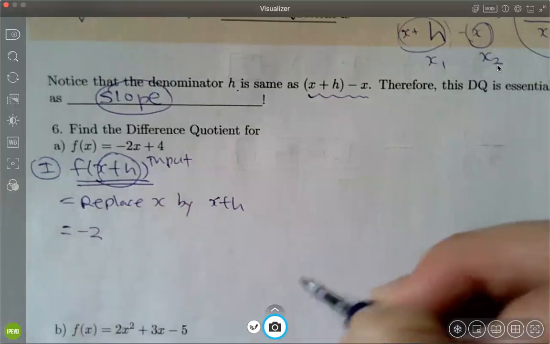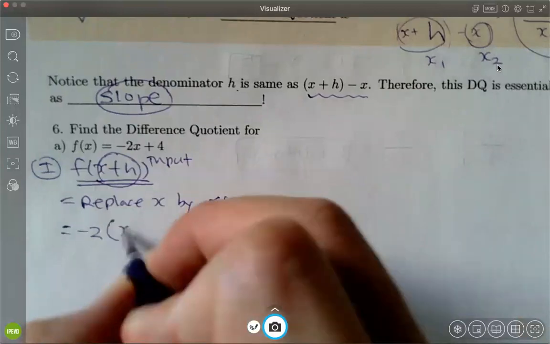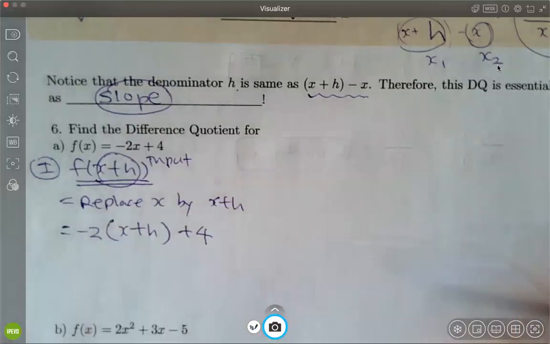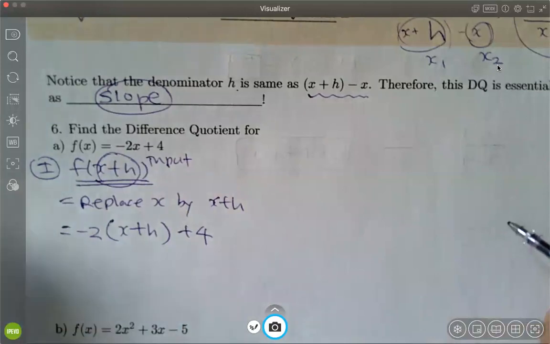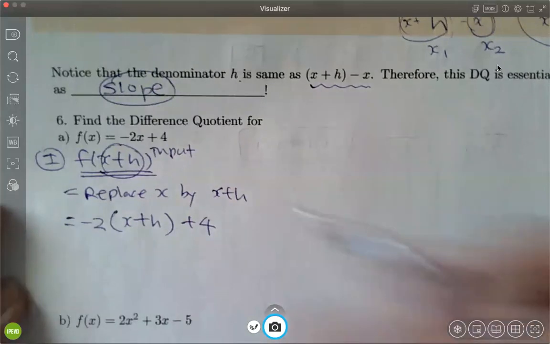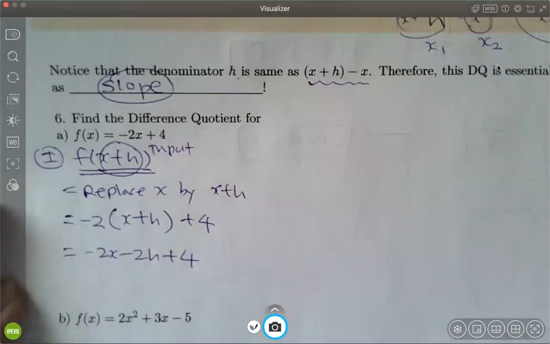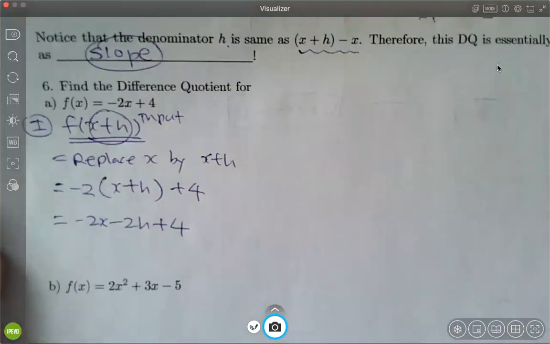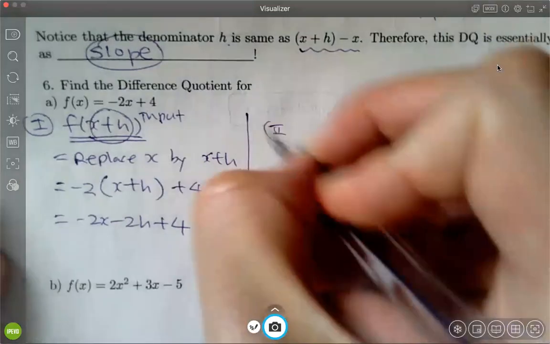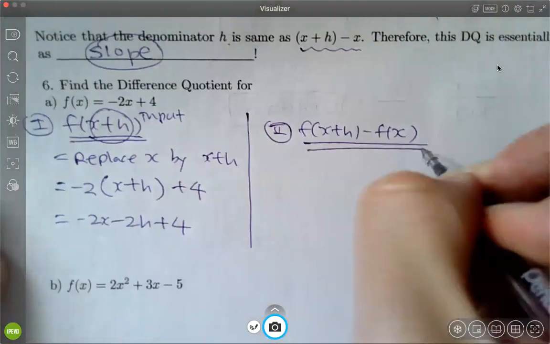And then, instead of x, what do you have? Times x plus h, right? And then plus 4, right? Okay, so now, can you clear parentheses here? So -2x minus 2h plus 4, right?